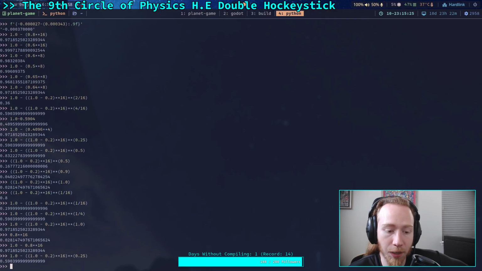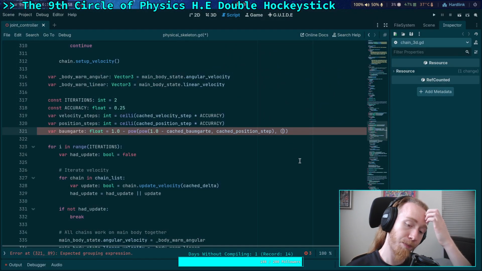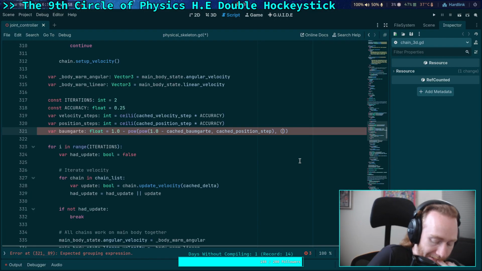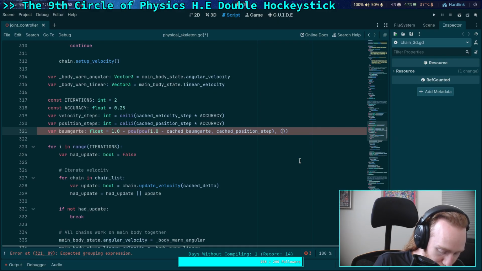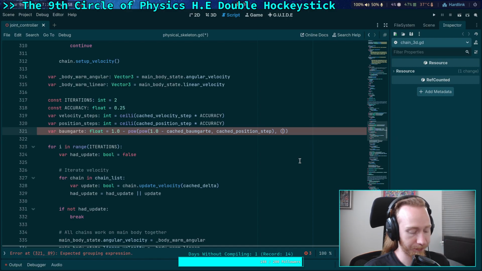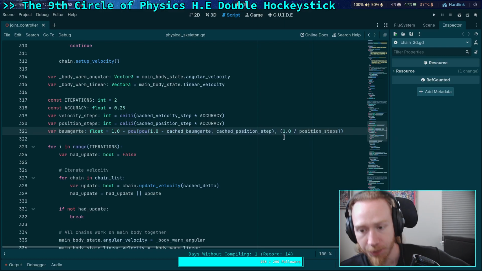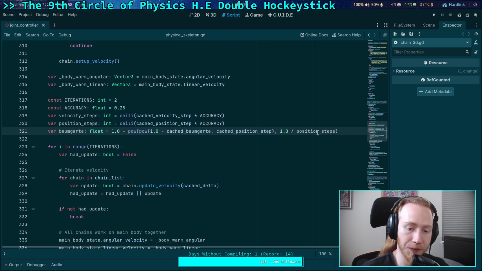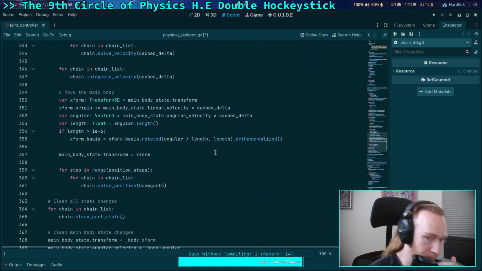Because it's the real value, and then I want to raise that to... maybe it's just 1 over position steps then. That's probably it. It's supposed to be 1 over position steps. Because if this was 16, like a 1% accuracy, then it'd be 1 over 16, which would be correct. If this was 2, then it'd be 1/2, which would also be correct. So I'll do that.